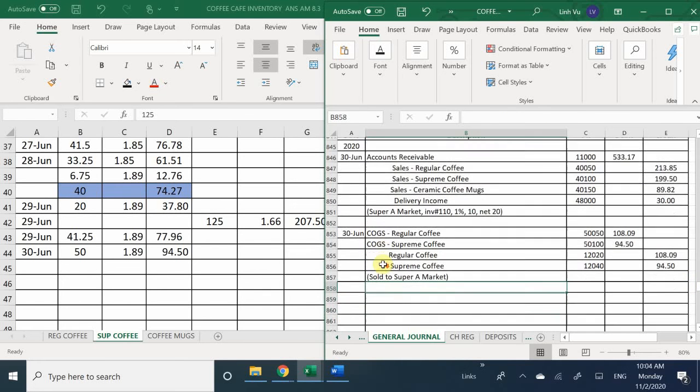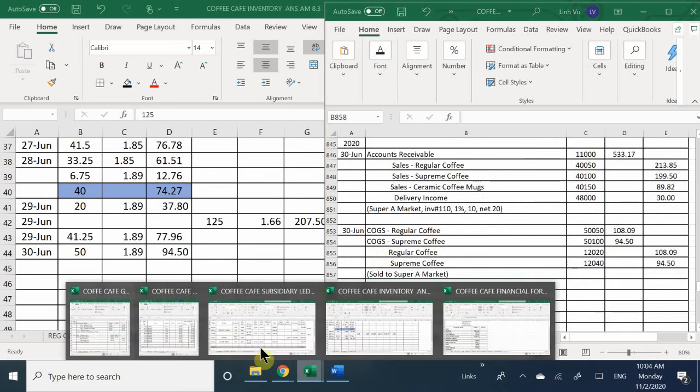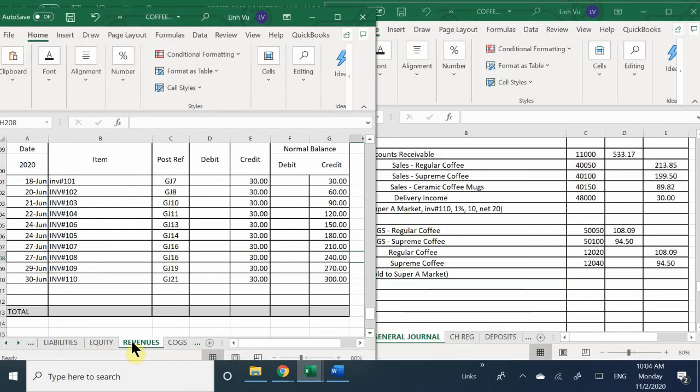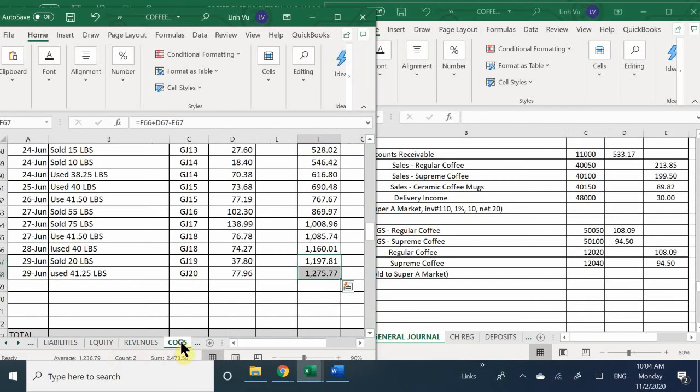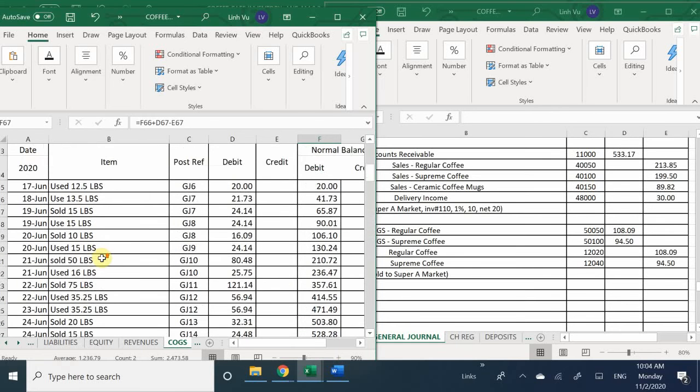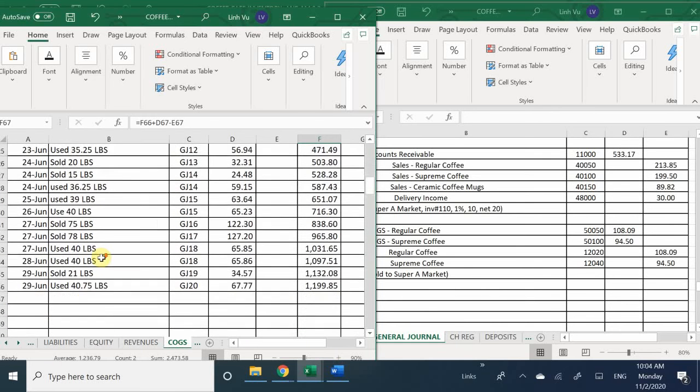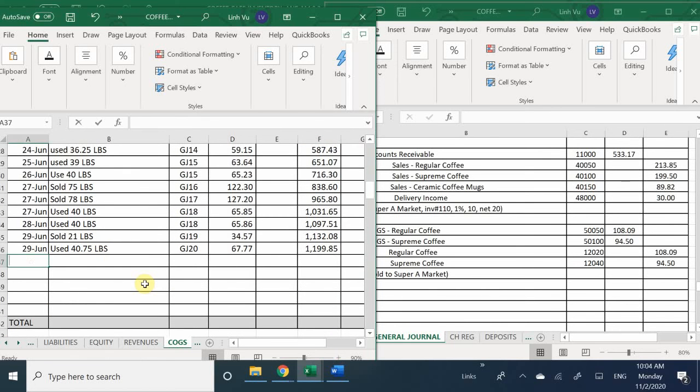Then you go to your ledger, let's see, 108.09. Then you go to the cost of goods tab, cost of goods. And we're gonna go to regular coffee. And the date is 6/30. Sold 65 pounds.